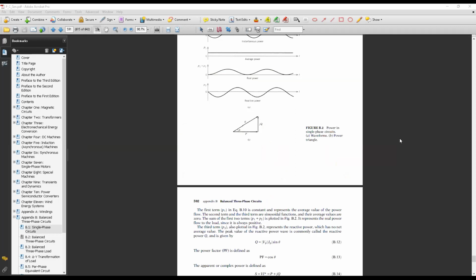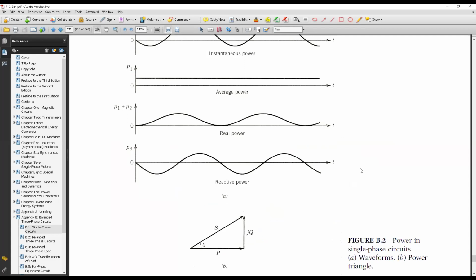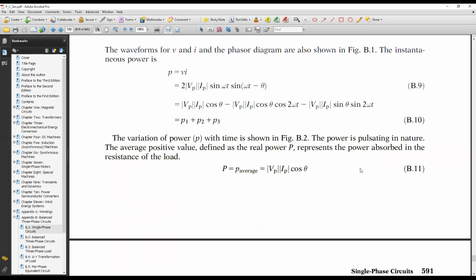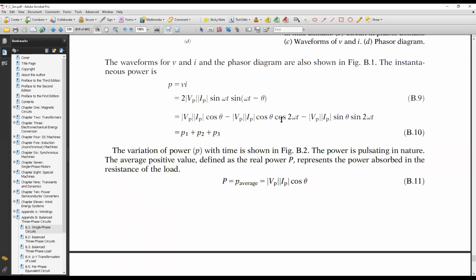We described this last class. We have three terms of power. These terms are P1, P2, and P3. P1 depends on cosine theta, and we said that this is the average value of power.